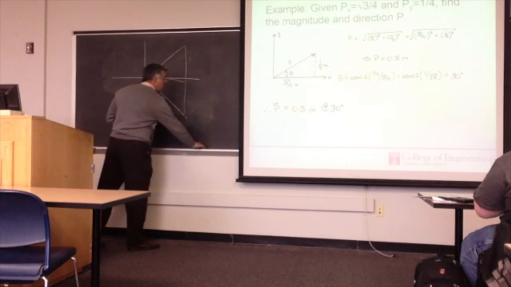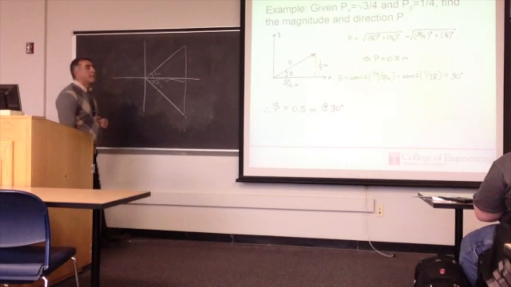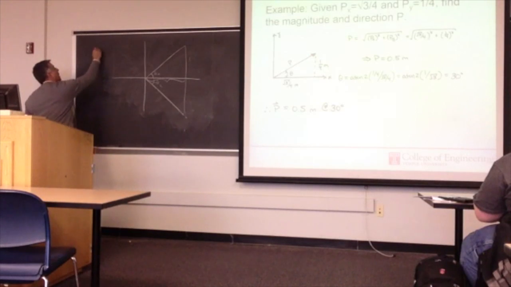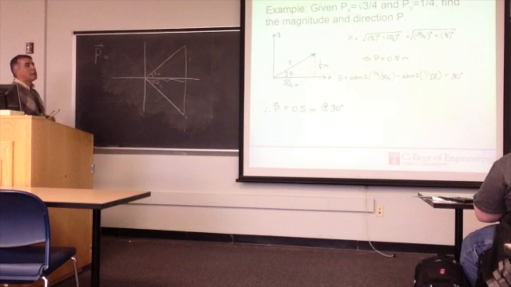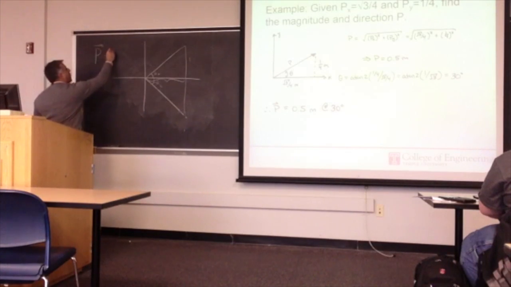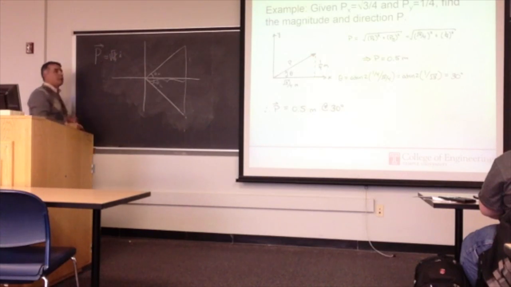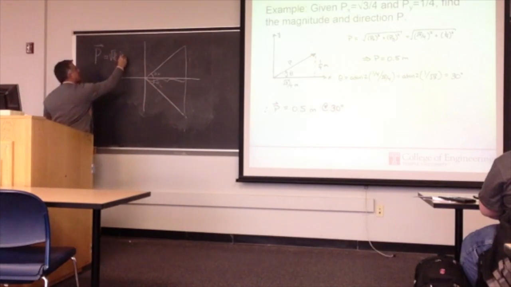It would be P bar is equal to the square root of 3 over 4 i plus a quarter j.